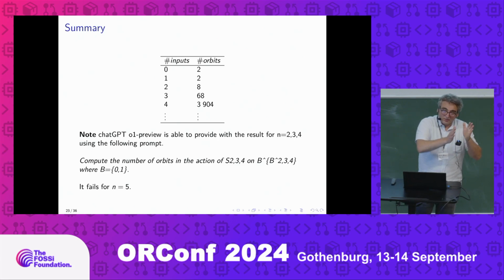If you look at the numbers, to me it's two orders of magnitude, so it's a huge change in capabilities. For n equals 5, it gives a formula like the Burnside one I showed you, but the numbers are wrong.